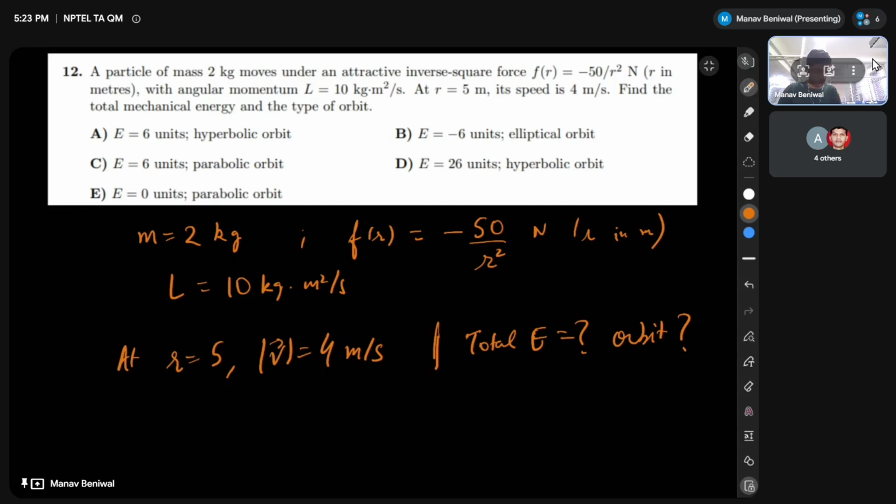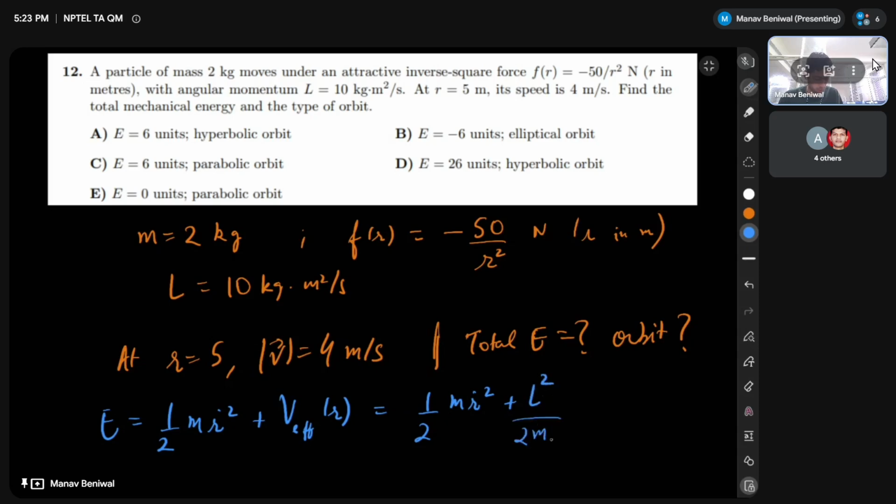Okay. So what is my total energy? So we know for this central potential, I can write my total energy E as half m r dot squared plus V effective r, which is nothing but half m r dot squared plus L squared over 2 m r squared plus V of r.